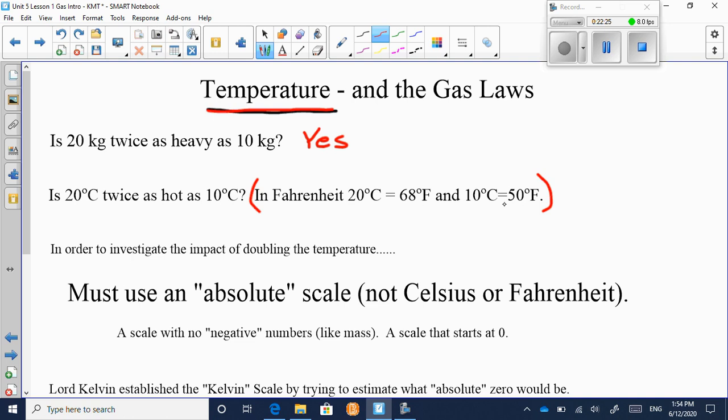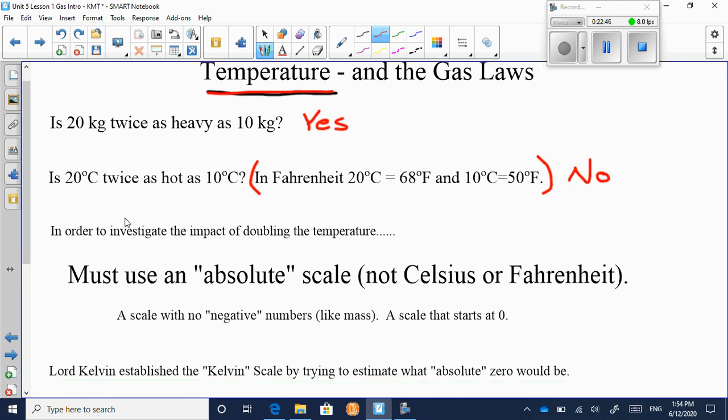So I think you're kind of going, well, wait a second. I've doubled the degrees Celsius there, but I haven't doubled the Fahrenheit. And so I'm going to answer this question for you, and I'm going to say no, it's not.